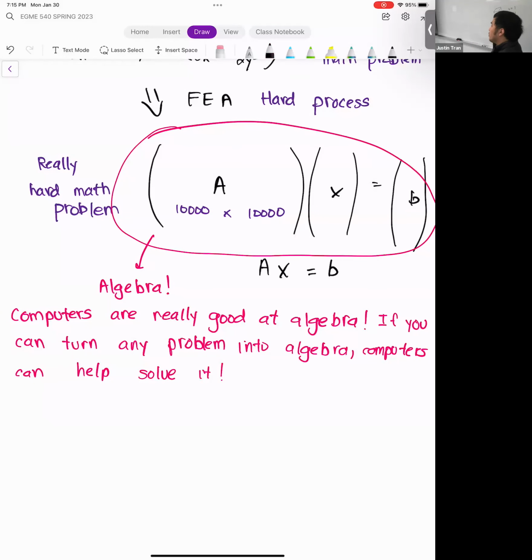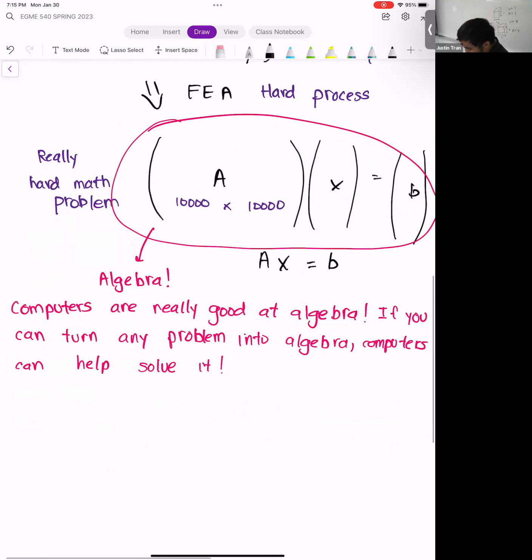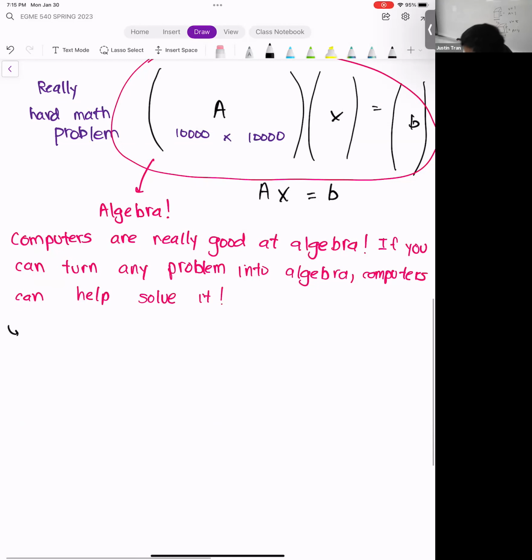So right now, FEA is good because it can take these differential equations, turn them into an algebra problem, and the algebra problem can be solved with the computer. And how does this help engineering? When you're doing engineering analysis, a lot of times you're interested in predicting the physical response of the system, and that usually involves solving differential equations.